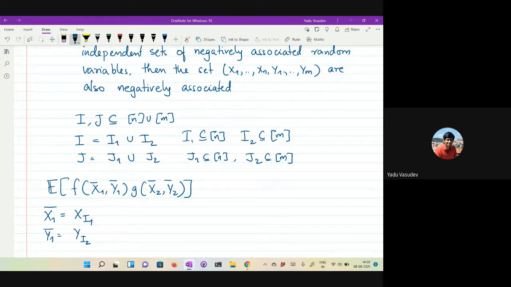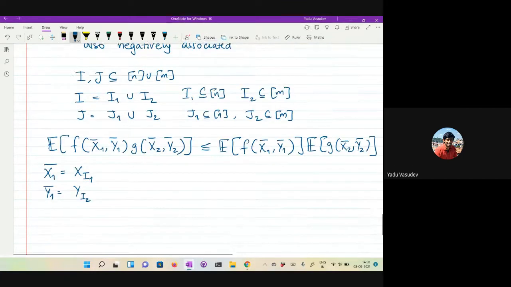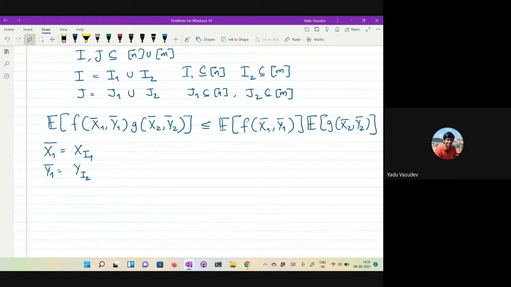So you want to show that this is less than or equal to the expectation of f of x1 bar, y1 bar times the expectation of g of x2 bar, y2 bar. Right? And so the first thing to do is to just write it down in the following way.